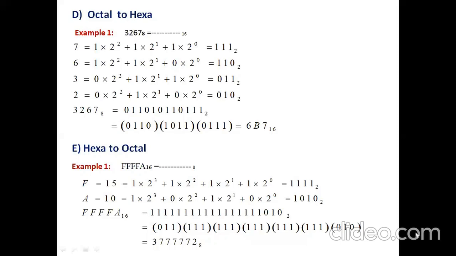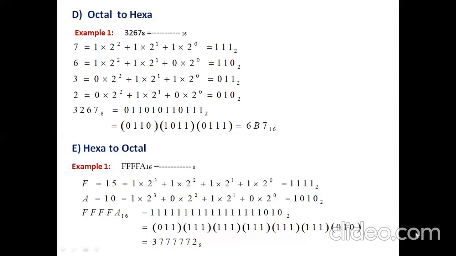So first make groups of 4 bits: 0111, 1011, 0110. Then convert each group to a hexa number. The first group 0111 means 7. Next 1011 is B. Next 0110 is 6. So 6B7 base 16.